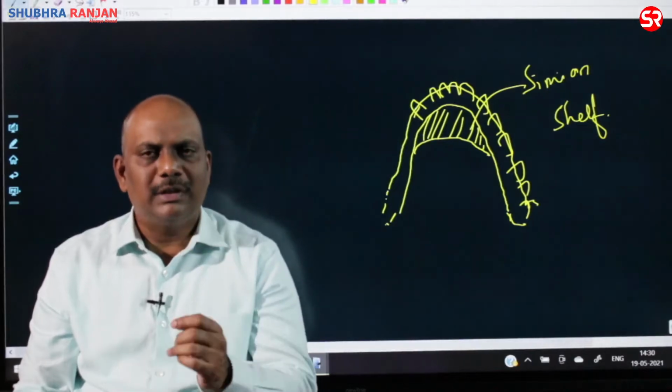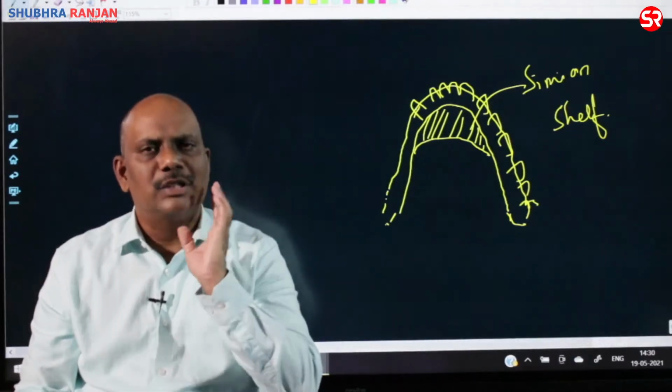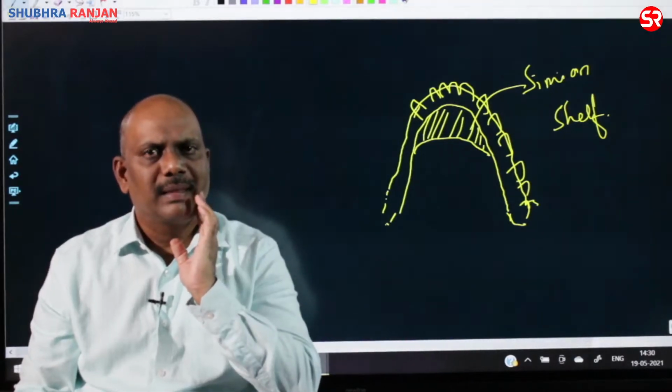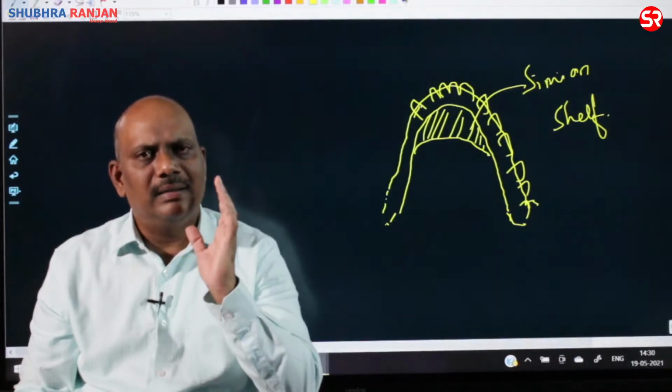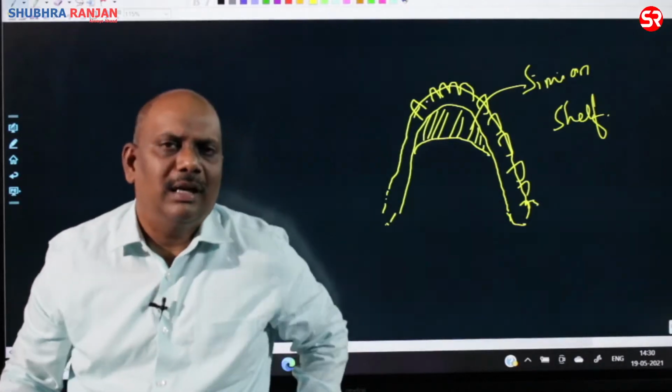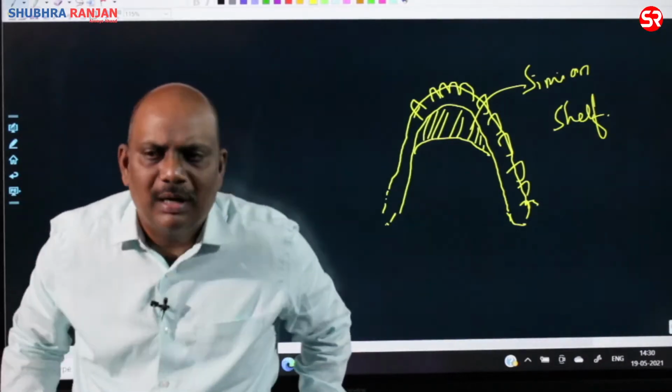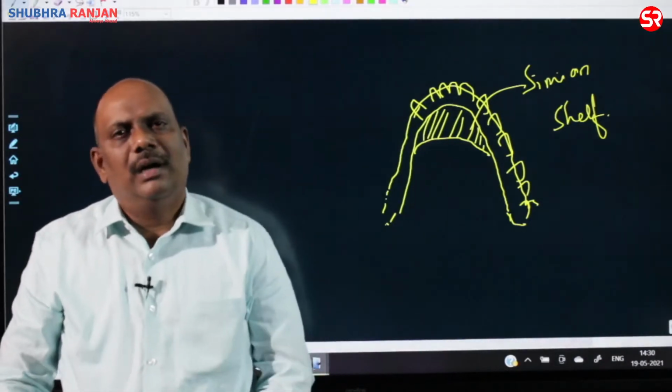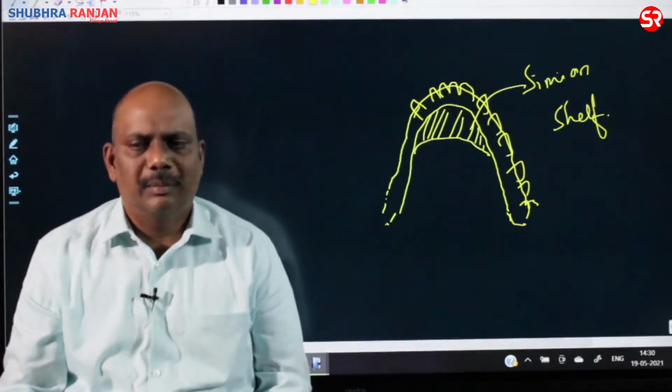But this feature is absent in Australopithecus, and the dental arcade is parabola shaped. This is a human-like progressive character found in the lower jaw of Australopithecus.